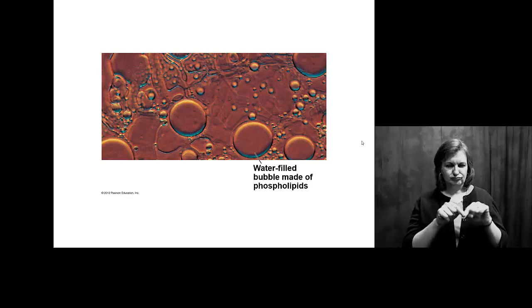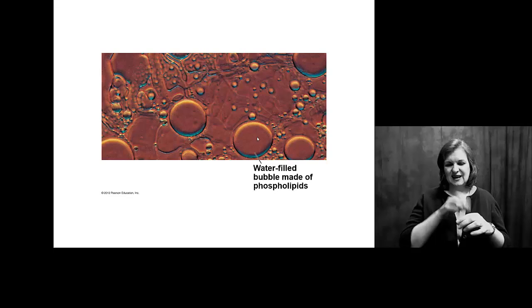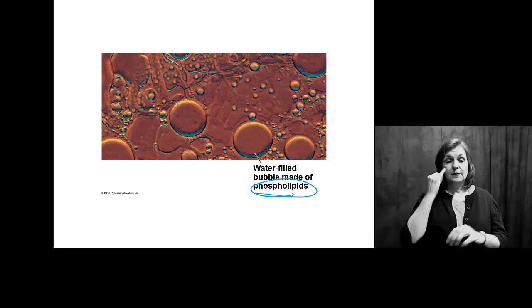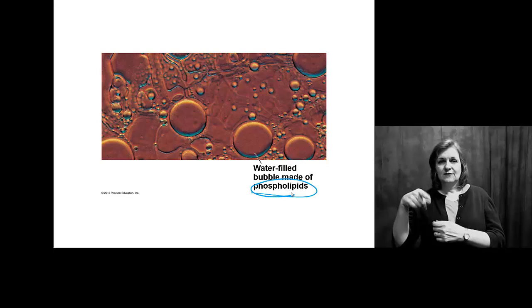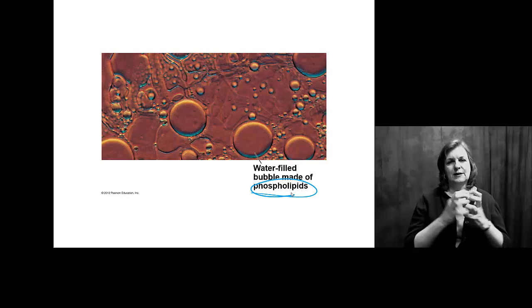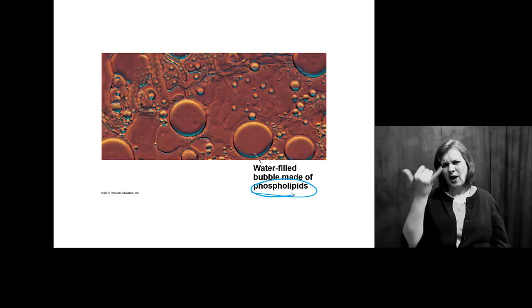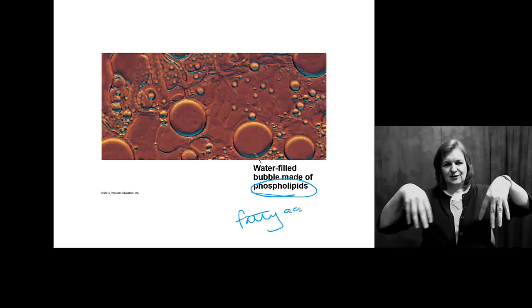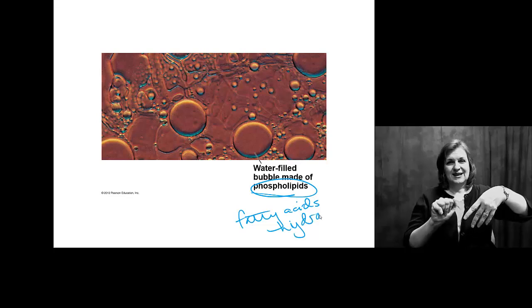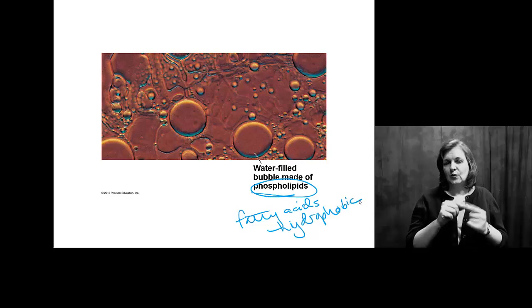This little bubble that I'm showing you here is actually water on the inside and phospholipids on the outside. So if you put a whole bunch of phospholipids into a beaker of water, it will automatically make these kinds of things. Why? The fatty acid tails are trying to hide from the water. They're hydrophobic, right? So they fold to the inside.